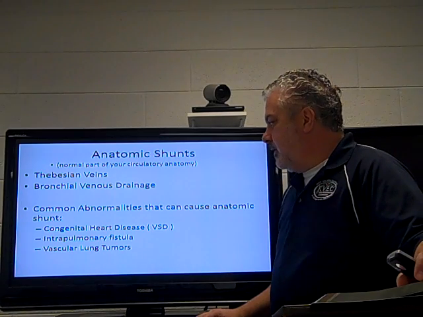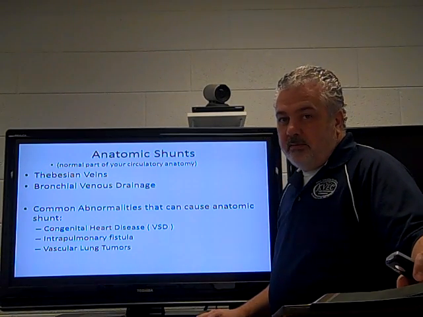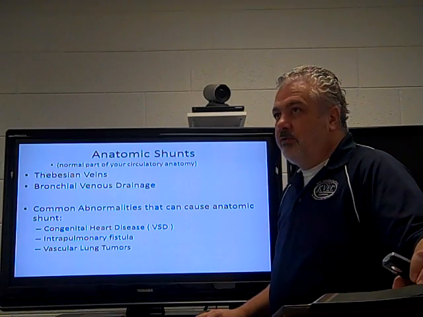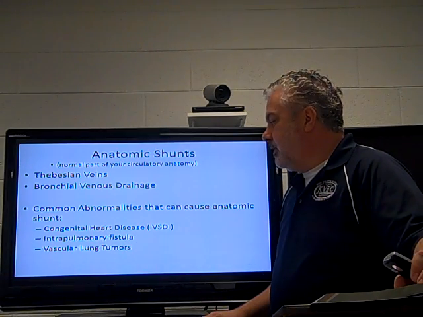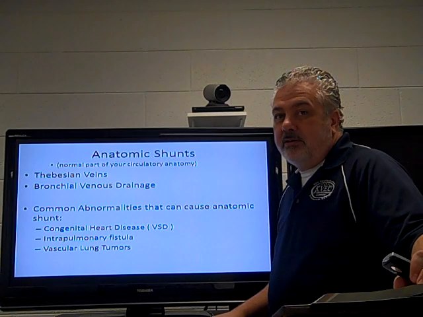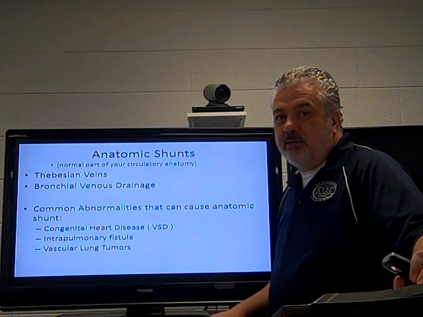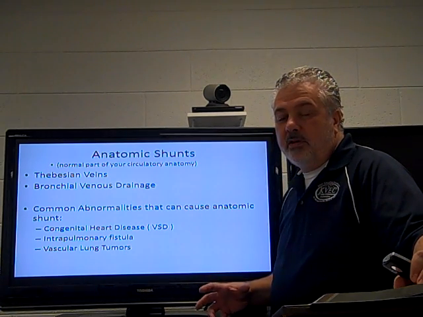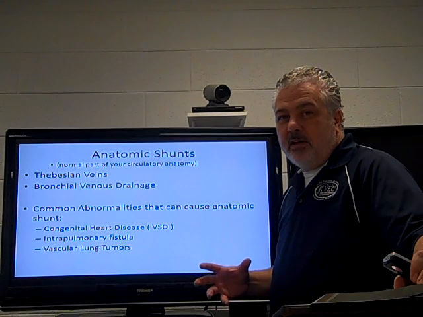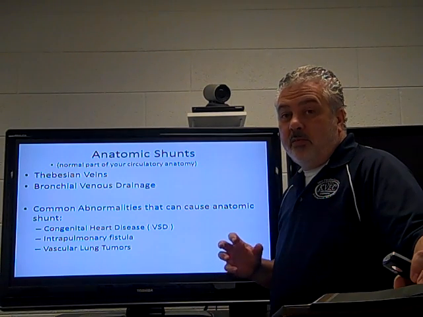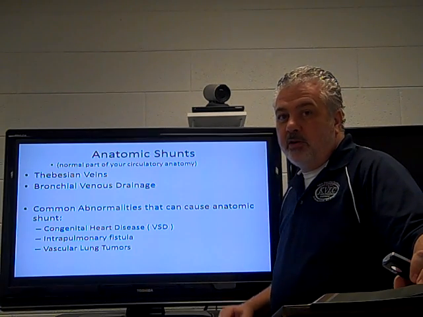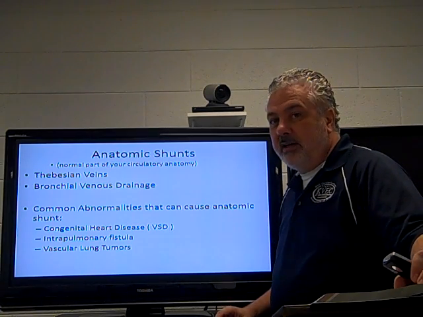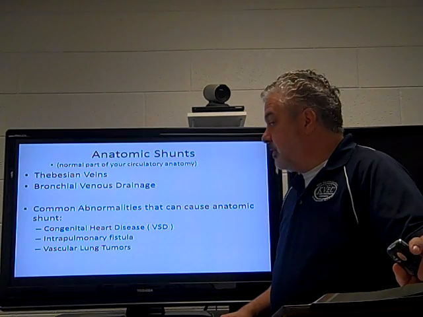Intrapulmonary fistula, the book talks about this happening when there's trauma to the lungs. And then vascular lung tumors. Remember that lung cancer tumors have lots of blood vessels, so the blood may take the route of going through those blood vessels in the tumor as opposed to going past an alveolus, contributing to anatomic shunt.